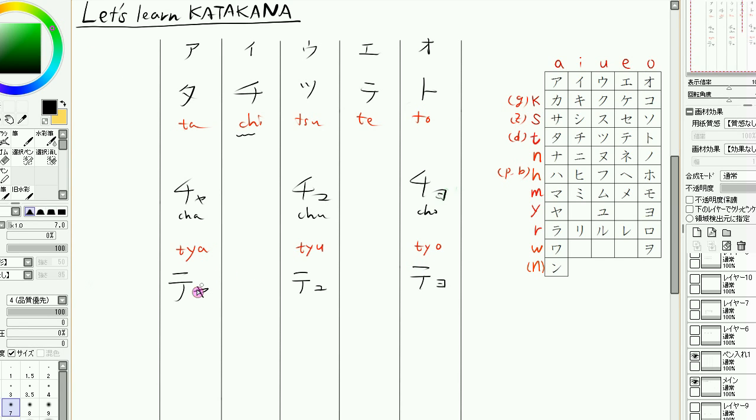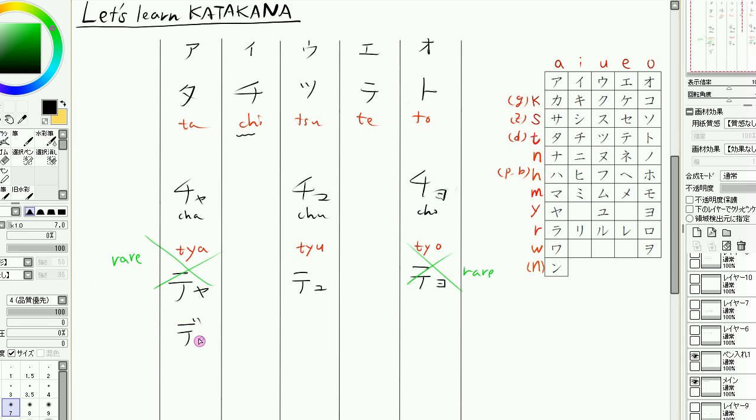But I believe these two are very rare. I've never seen this expression. And tu is often used, of course, because it's easy to pronounce even for Japanese. So maybe when we imitate stew, we use this one.